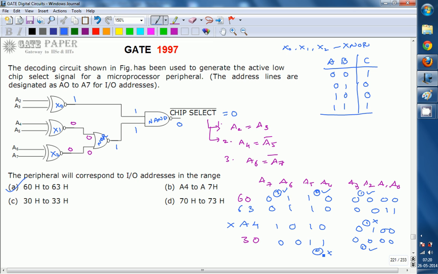So 30 cannot be the answer. Similarly, 70 is 0111 0000. Again the second condition goes wrong, because A4 equals A5, so this is also wrong. The only right option is A: 60 to 63H is the address range generated for the peripheral. Thank you.